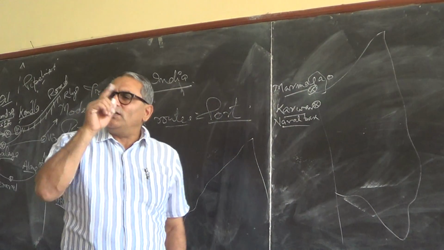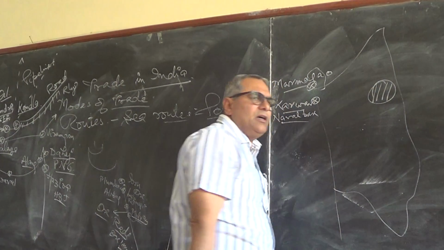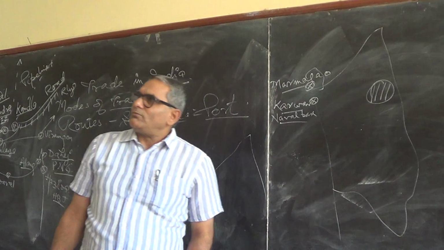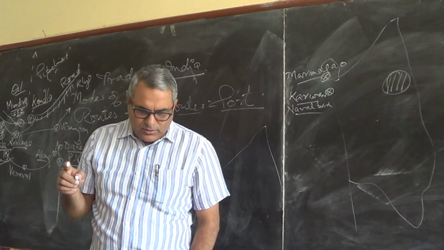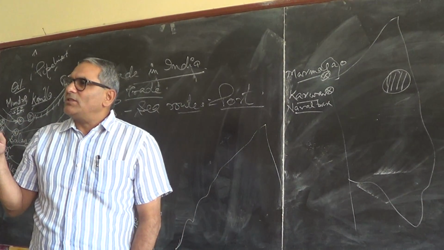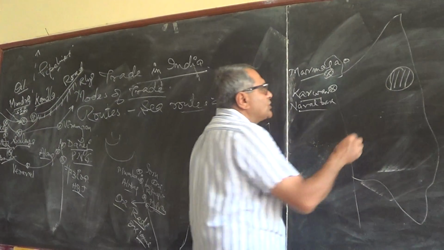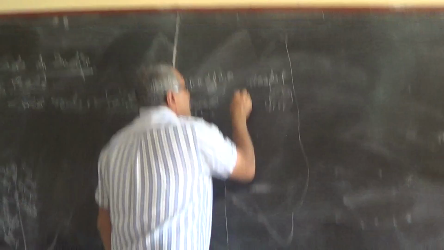And Karwar is also important because this part of Karnataka has iron ore mines. What's the name of the iron ore mines in this region? Hospet and Bellary.